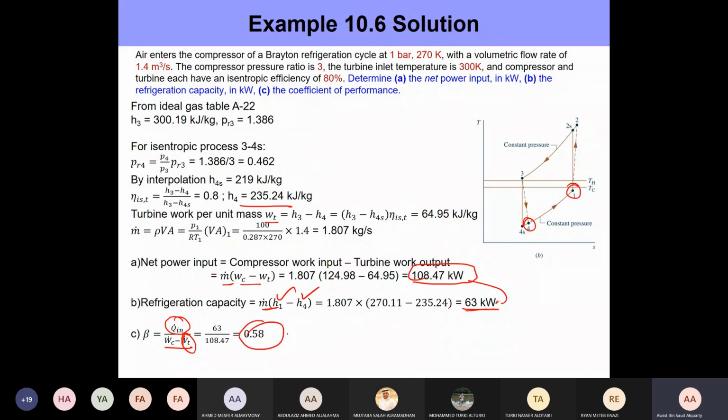about 0.58. Now, just to compare, this COP is lower than the beta values that we were obtaining for vapor compression refrigeration systems, which are typically greater than 1, right? So this is what we were saying all the way, right? When you use a Brayton cycle, the COPs are going to be lower for sure, but in some cases, it makes sense to go ahead with a Brayton refrigeration cycle because the vapor compression cycle is not suitable for that specific application.